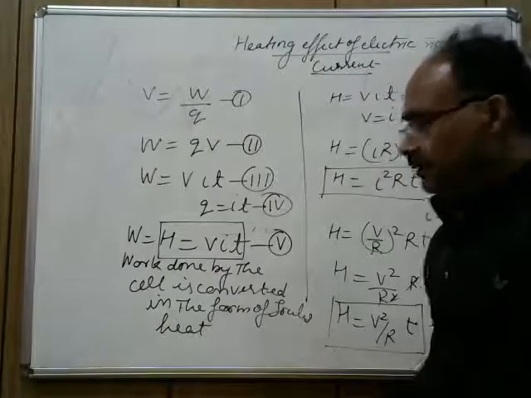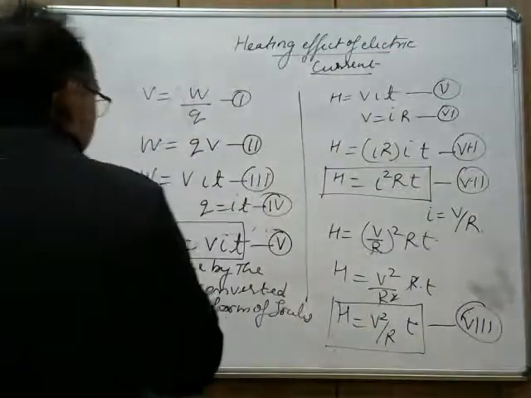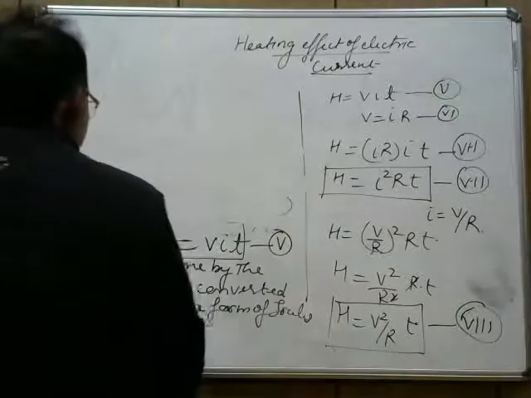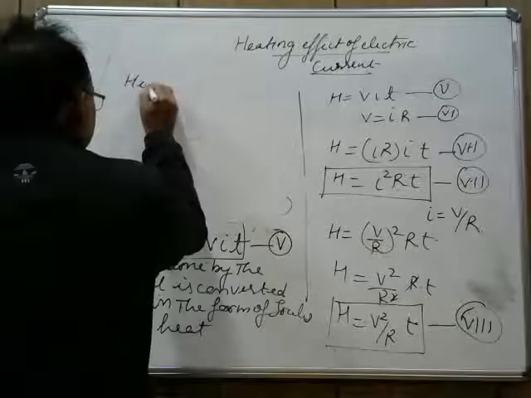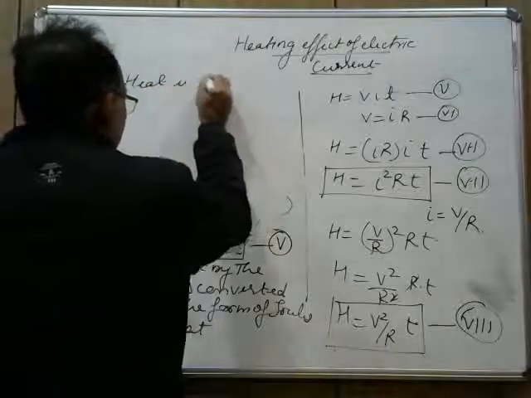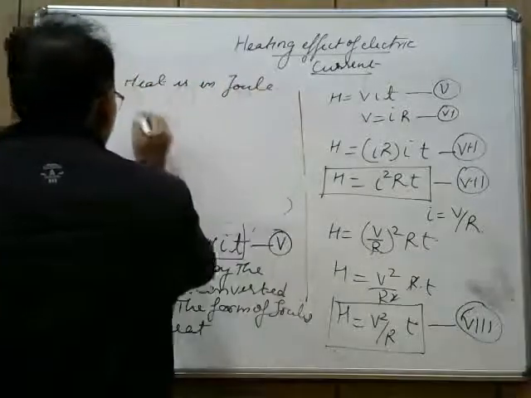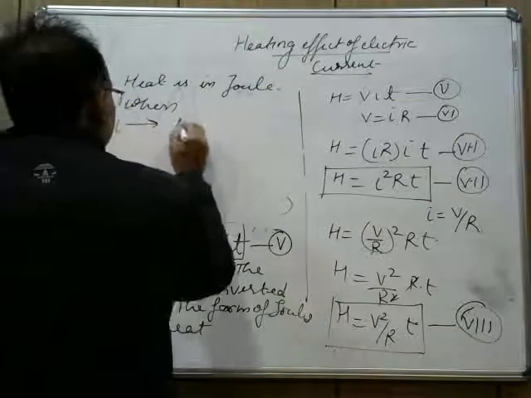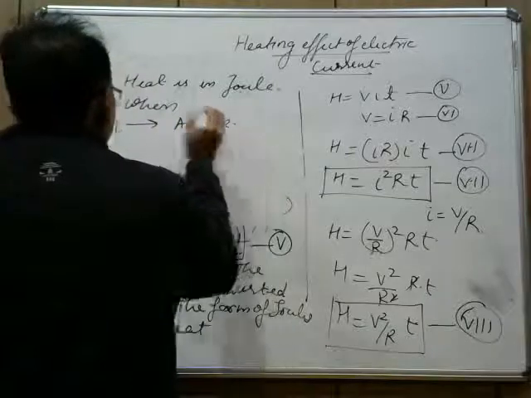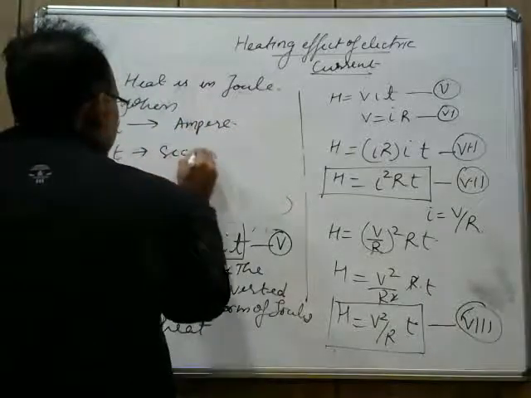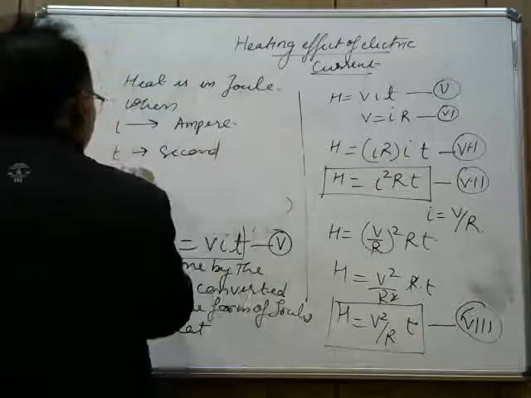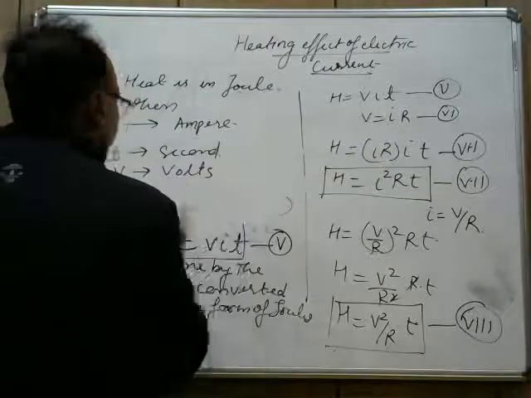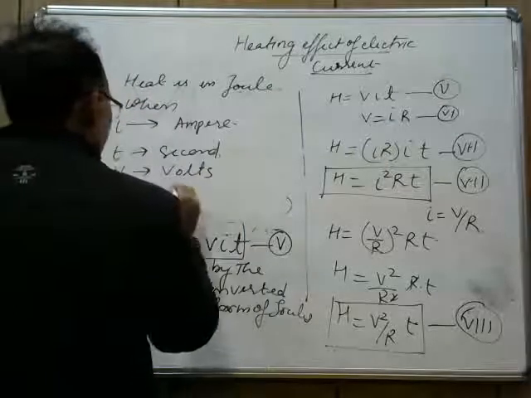Heat obtained by all these formulas is in joules when I is in amperes, T in seconds, V in volts, and R in ohms.